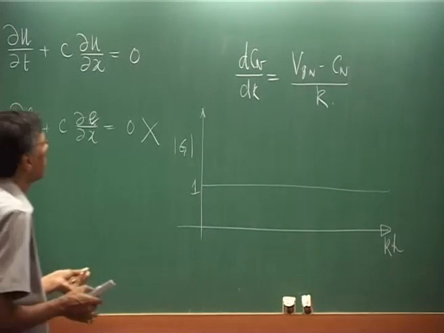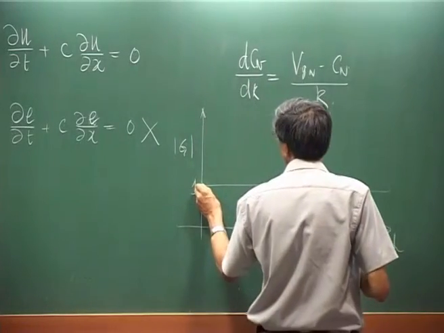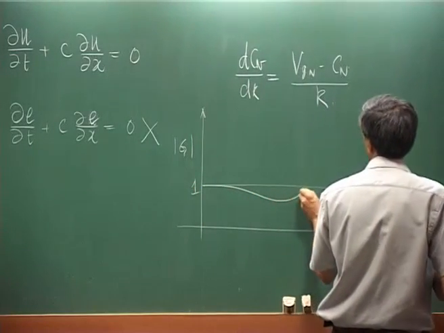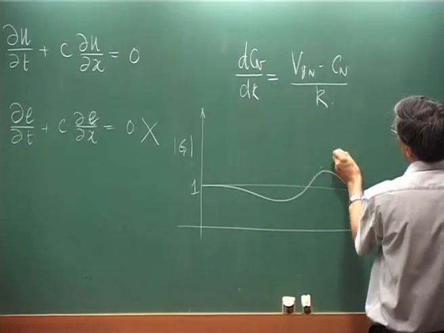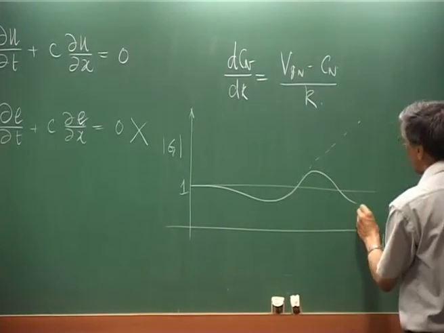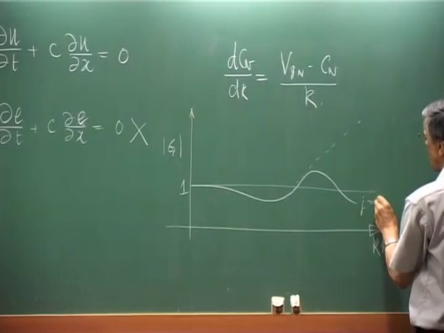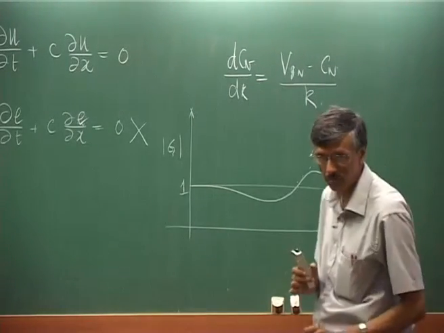So, we are going to see something like this. In some cases the error would even be going higher. So, this could be say j equal to some middle point I am talking about.